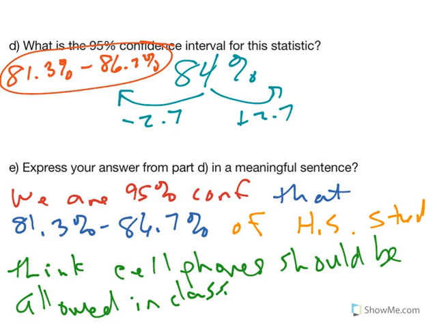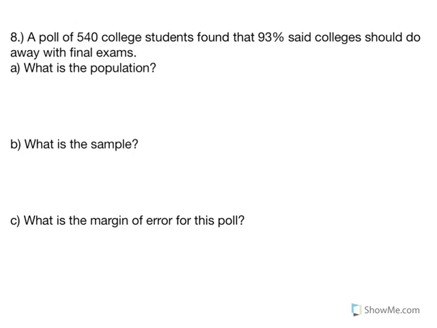All right. Next page. Next, number 8. If you haven't been stopping this to try them on your own first, I want you to do that now because this is a good one to just kind of see where you're at. A poll of 540 college students found 93% said colleges should do away with final exams. Well, everybody's got an opinion. All right, population. Remember, population talks about all.